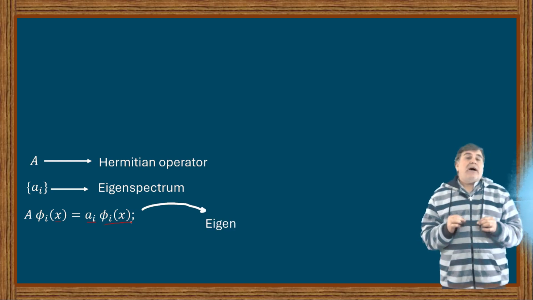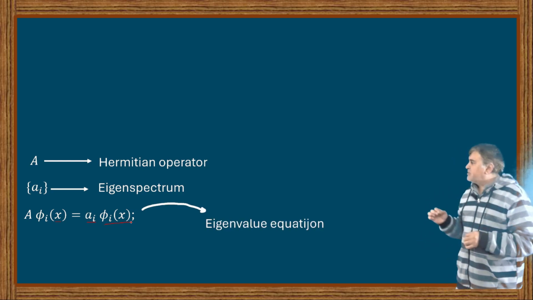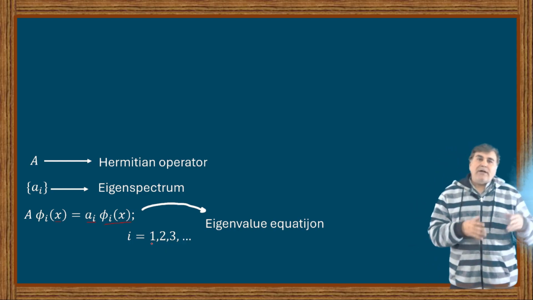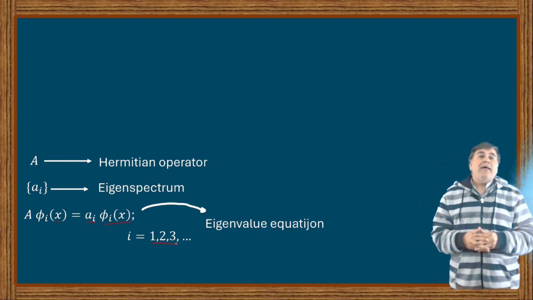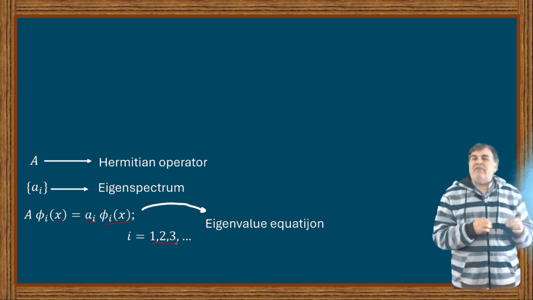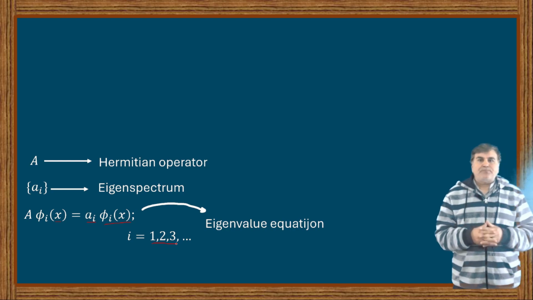This equation is called the eigenvalue equation, and the subscript i is in fact a number such as i equals 1, 2, 3, etc., and it represents the length of the set of the eigenvalue spectrum.